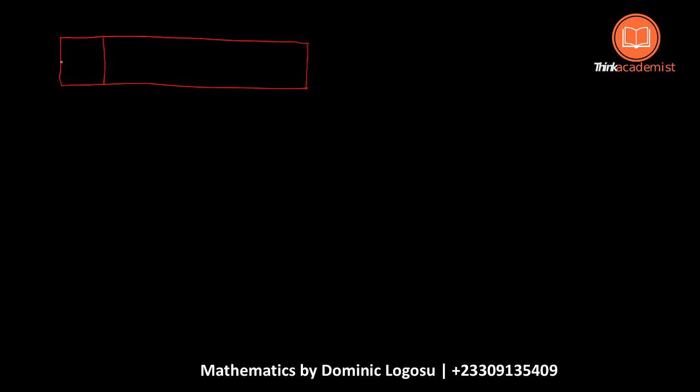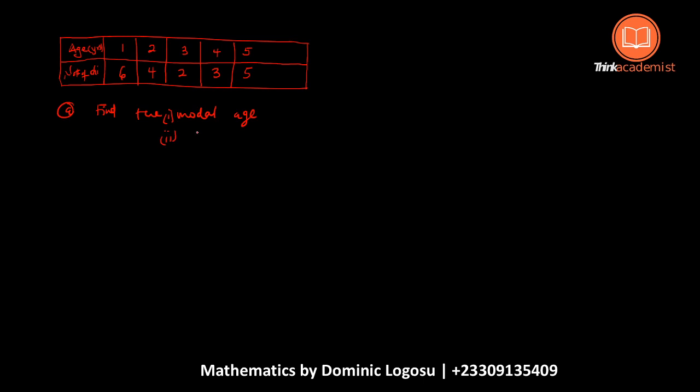But when they ask for the modal age or mean age, you shouldn't just write mean equals this. You should qualify it with whatever they are saying. So for modal age, you should bring years. You don't just leave it that way and say modal age equals 1. No, please.